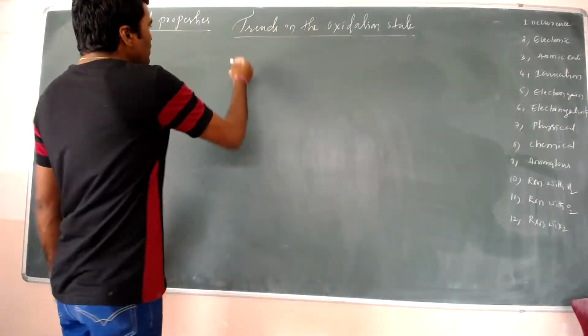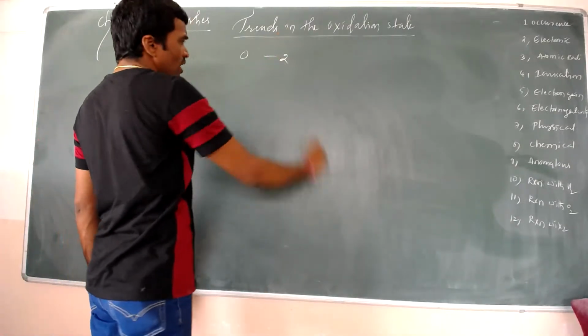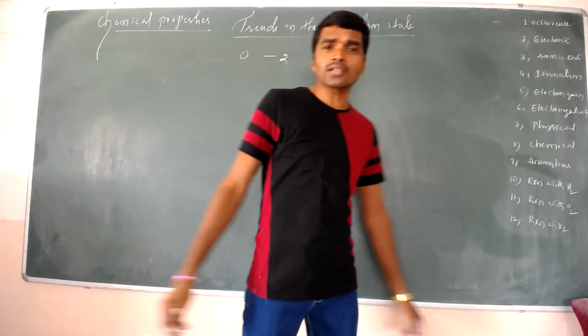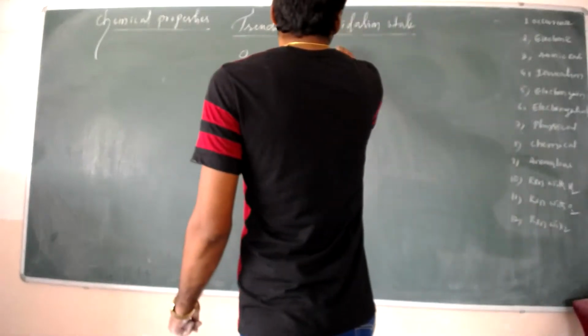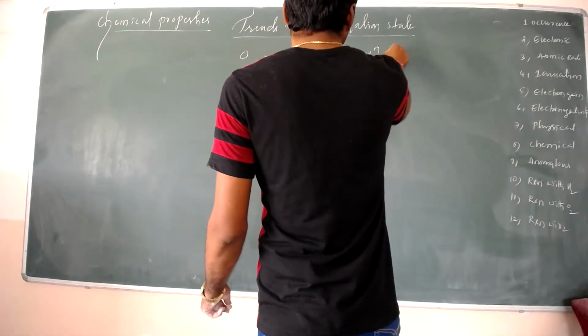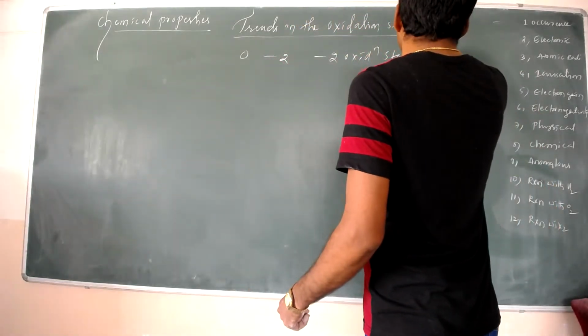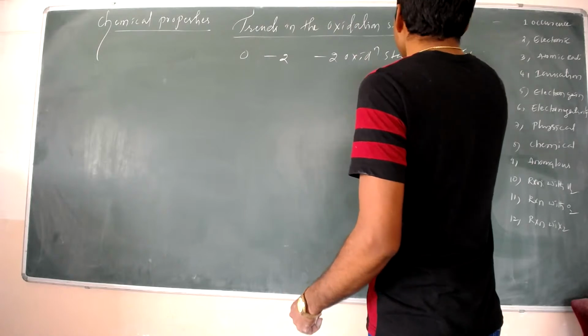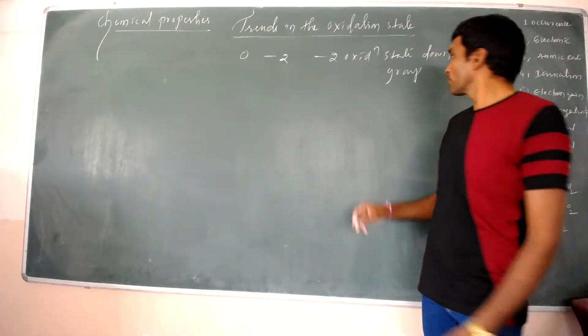See, one by one we discuss. Oxygen exhibits the -2 oxidation state. But the -2 oxidation state decreases down the group.